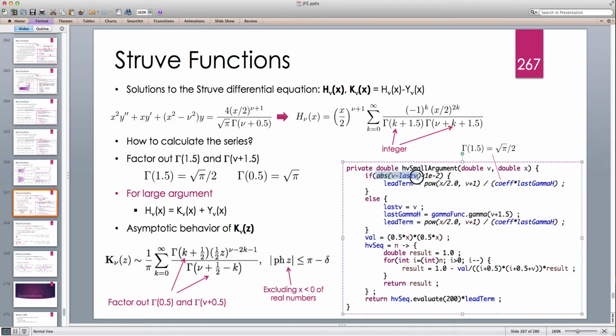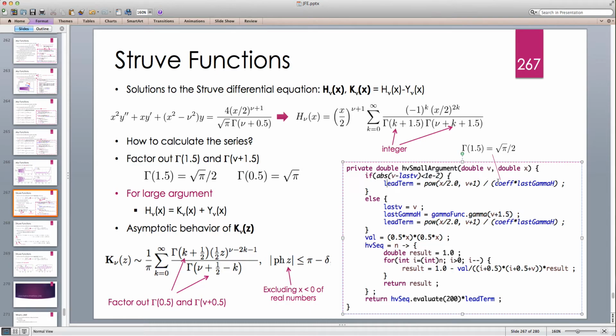So we're checking if last nu is the last value that nu was set to, and we are checking if the current nu that has been passed as an argument is very close to the previous nu with a threshold of 0.01.